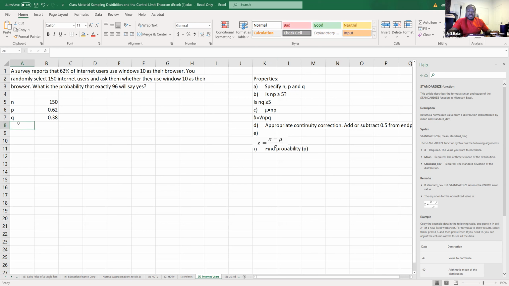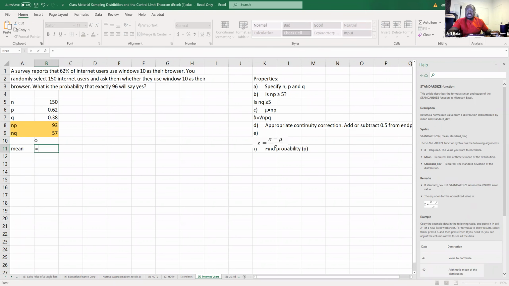And then we can find NP, the second step. So N times P, then NQ, N times Q. So we're fine, right? In both instances here, none of them is less than 5. So we're fine on the second step. So now the third step is to find the mean.